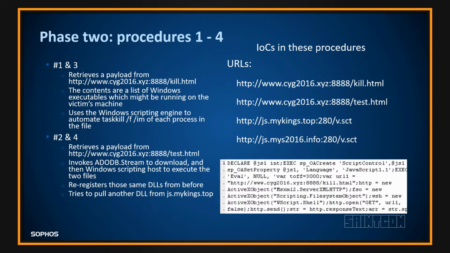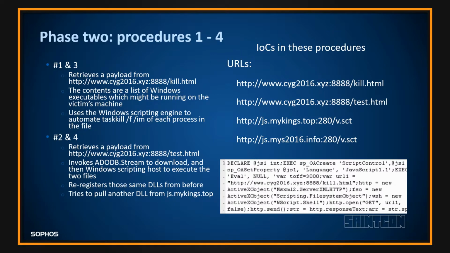So the first package goes out and gets a file called kill.html from a weird website, and the contents of that are a list of Windows processes that might be running on a machine with a database server on it. There are hundreds of these in this kill file: the names of the executables of every large endpoint antivirus product you can imagine, as well as other protective tools like Carbon Black.